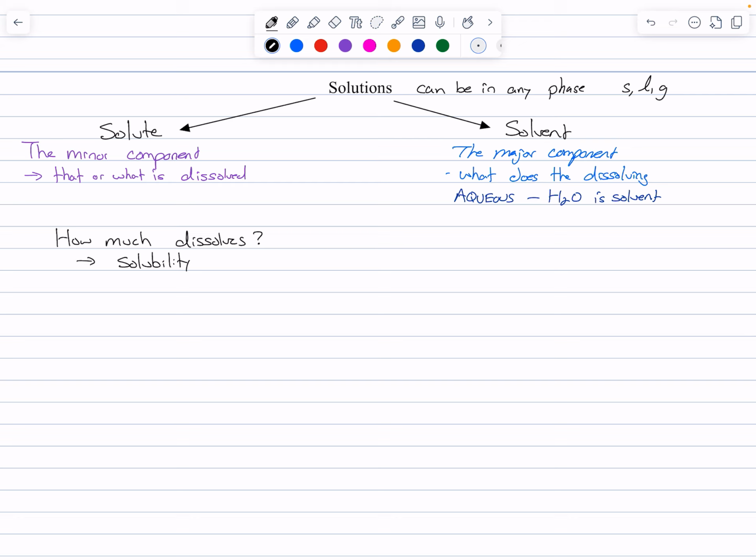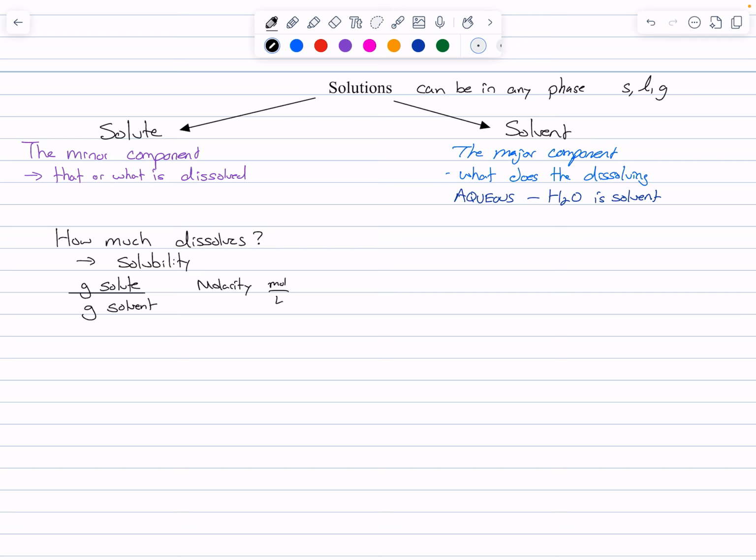Which it can be in grams per, it could be grams of solute per grams of solvent. It can be in molarity. So grams of solute, grams of solvent could be molarity, grams per liter, or moles per liter. Right, it could also be grams of solvent per grams of solution.